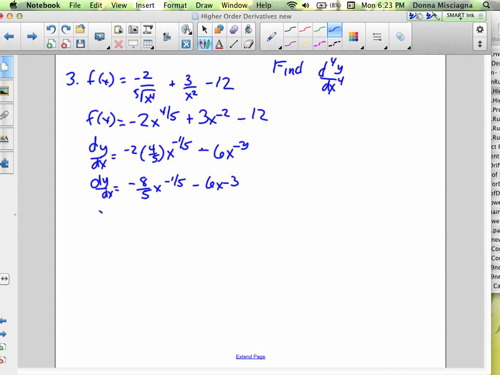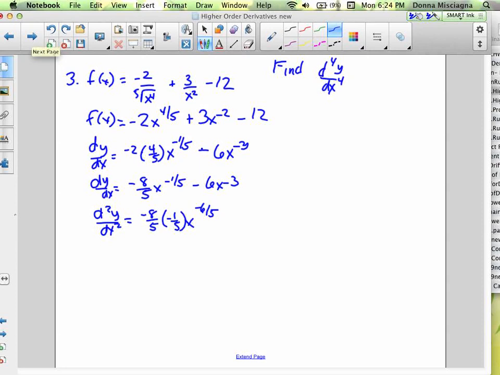So now we have d2y dx2 equals, so we have the negative 8/5 times negative 1/5, and that's going to be x to the, so negative 1/5 minus another 5/5, that's going to be to the negative 6/5 power.